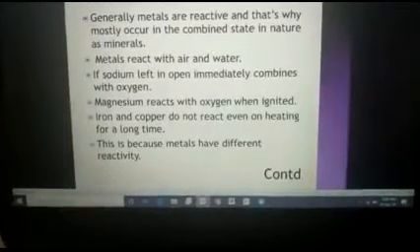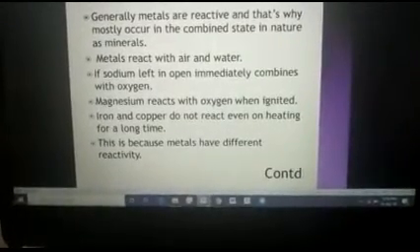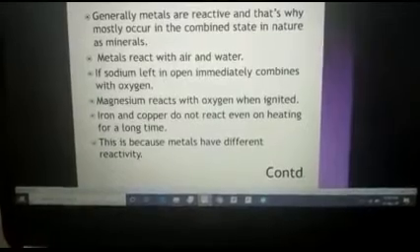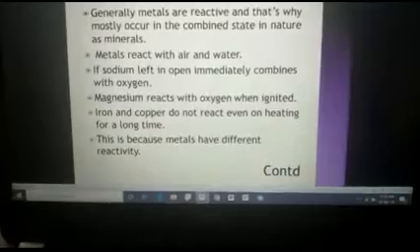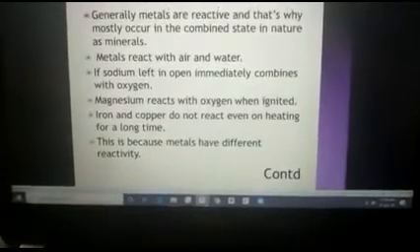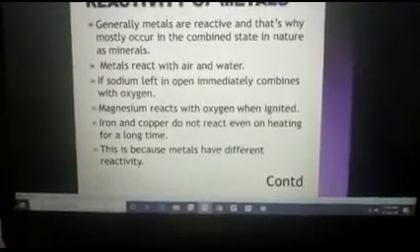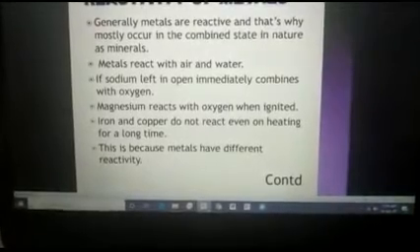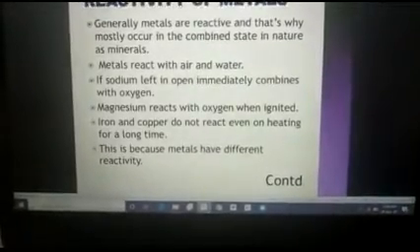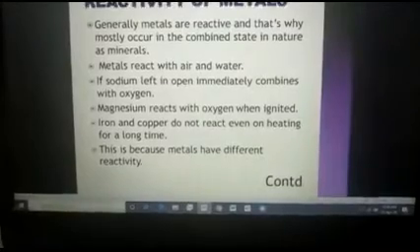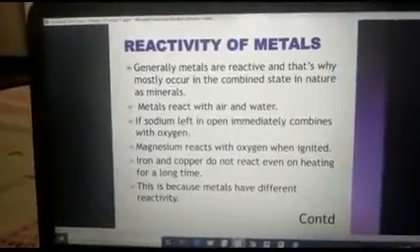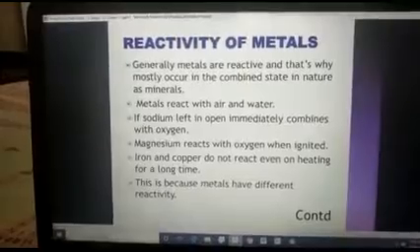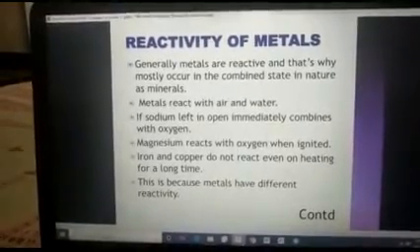We can use them if we apply paint or lubrication on the upper surface and protect it from contact with air and water. If we apply paint and lubrication, meaning oil and grease, on the upper surface of these metals, we can prevent them from rusting. Yes, it means metals have different reactivity.